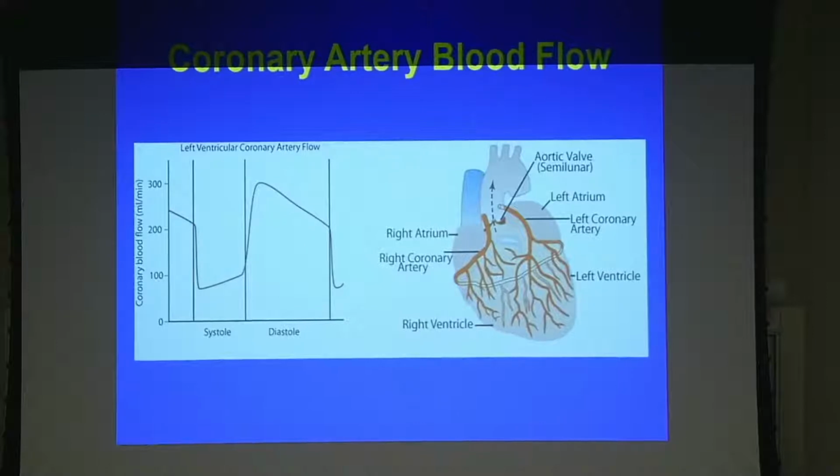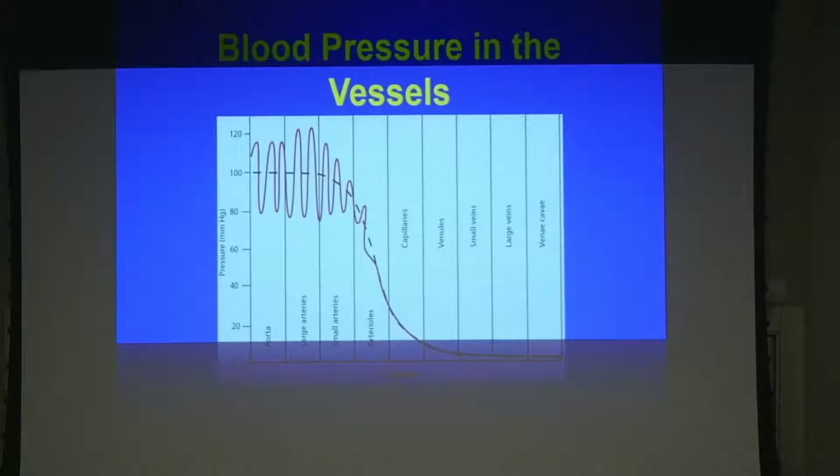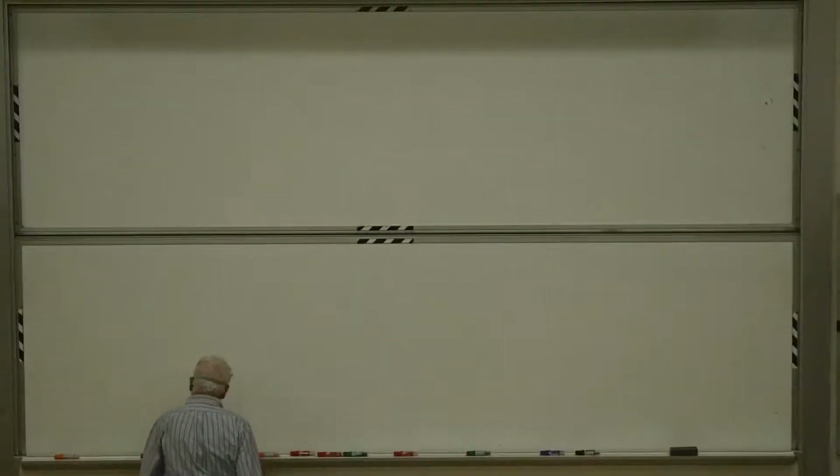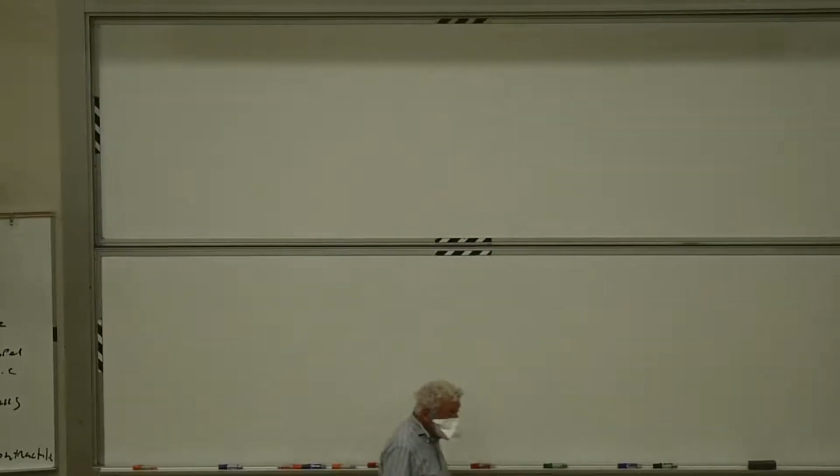So where I want to go now is begin to think about the types of cardiomyocytes we have in the heart. And again, I can't overemphasize, when we talk about this, don't think that the number of contractile and conductile cells are similar.